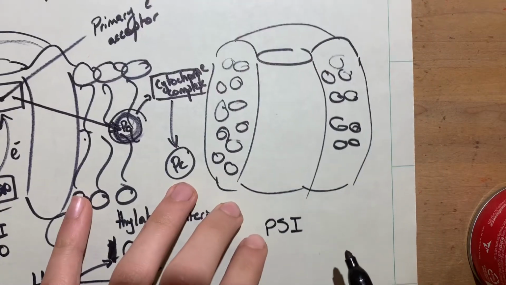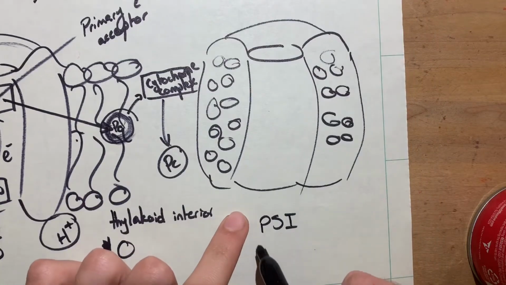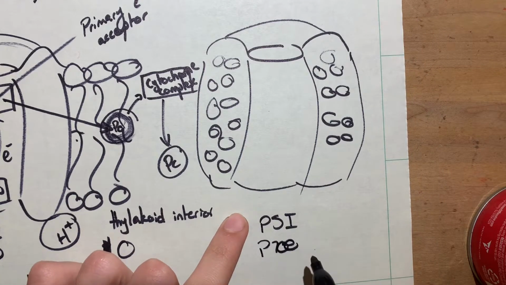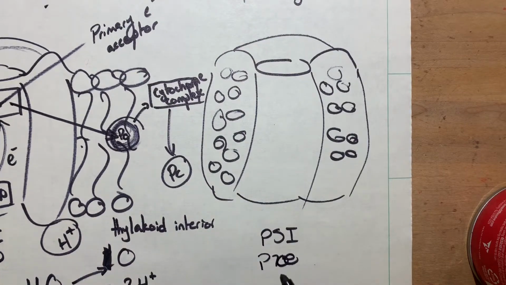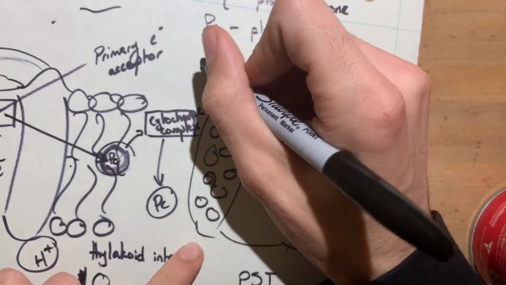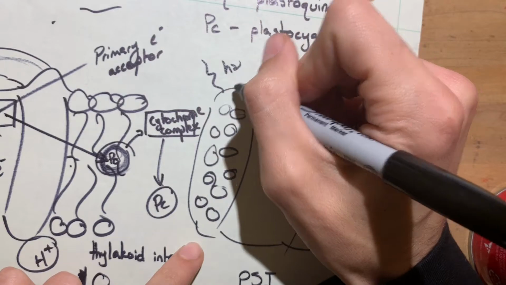So this is photosystem 1, also called P700. And so what happens there is P700 will take that electron, and we also have more incident light.